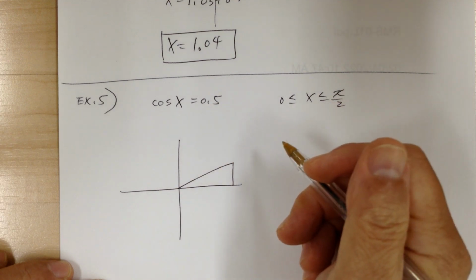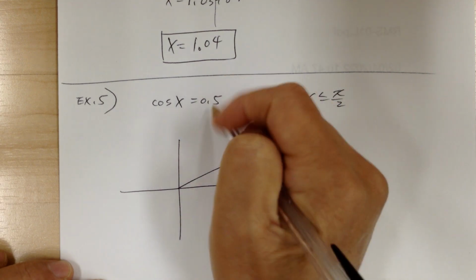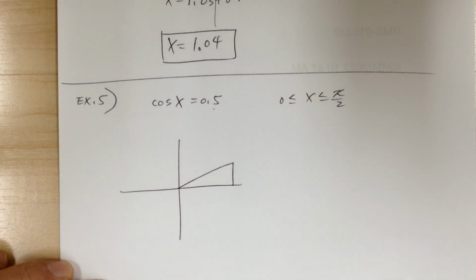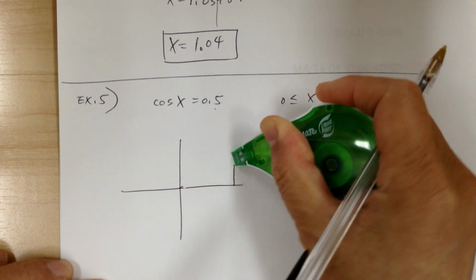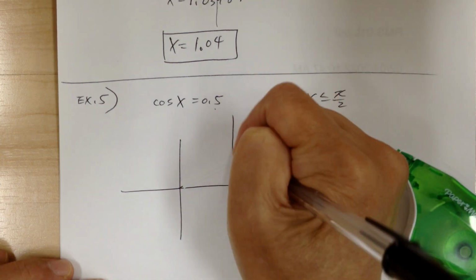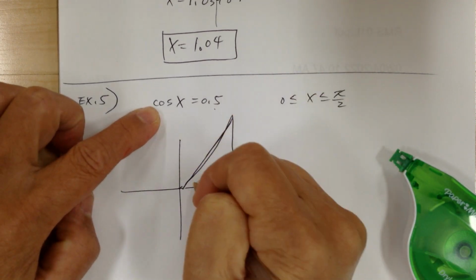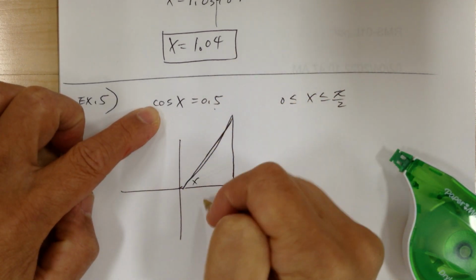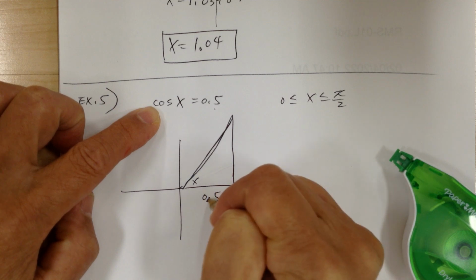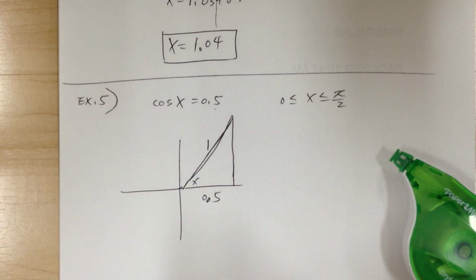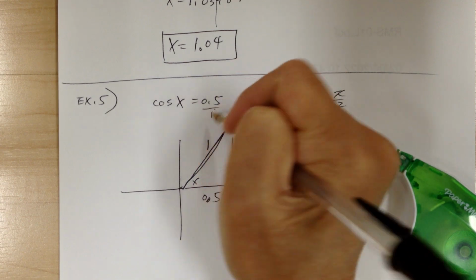Draw a random triangle, and well, this is kind of half, so it's actually this way. Again, if you realize you drew it wrong, you just erase and do it this way. So cosine of x is equal to 0.5. That means it's 0.5, and put this over 1, because you're doing it in a circle, right? You can just put over 1.